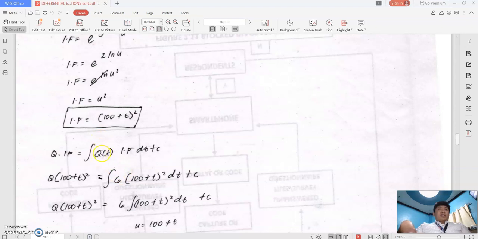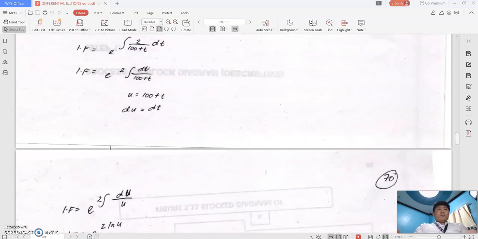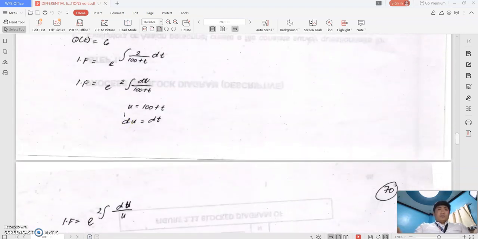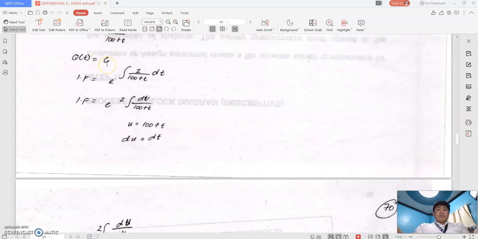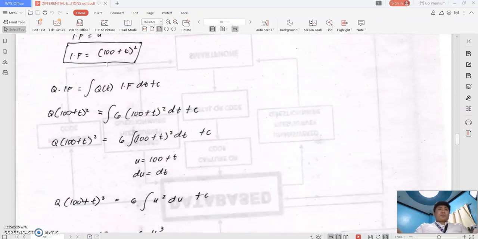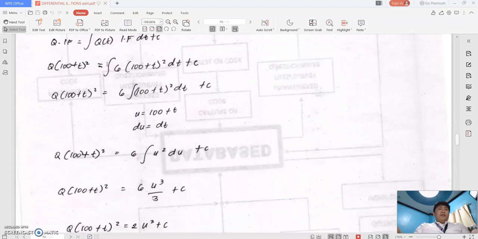Then our qt is 6 from here. And then multiply by integrating factor. So after that, just move this one outside because that is constant. We can now integrate this one.